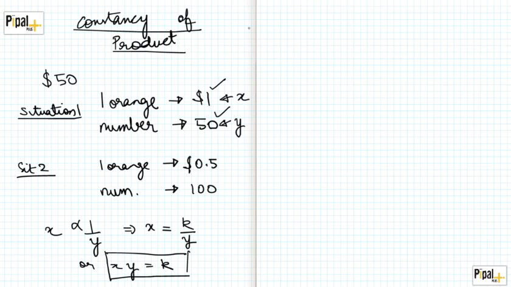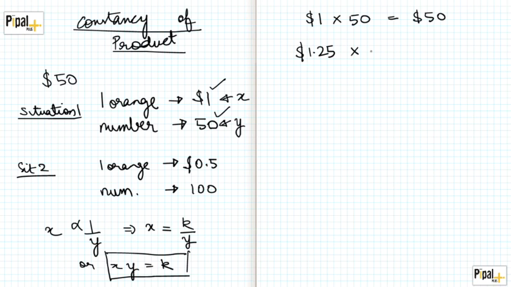So let's do this using an example. Let's say we start off with this basic situation. So $1 multiplied by 50 is a constant, right? That's the $50 I have in my pocket. However, let's say I were to change the $1 to $1.25.